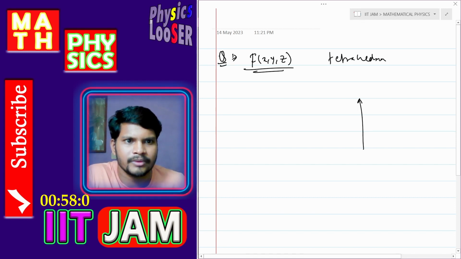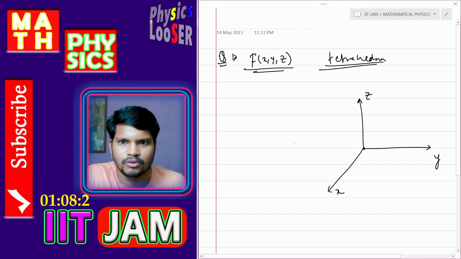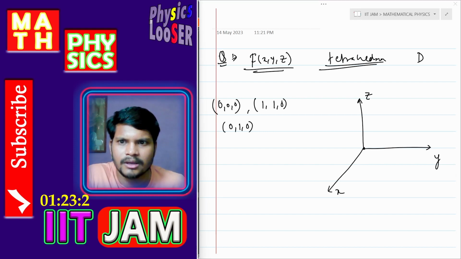Consider we have x, y, and z here. The function is enclosed by a tetrahedron whose region is, let us say, D, and whose vertices are at 0, 0, 0; 1, 1, 0; 0, 1, 0; and 0, 1, 1.